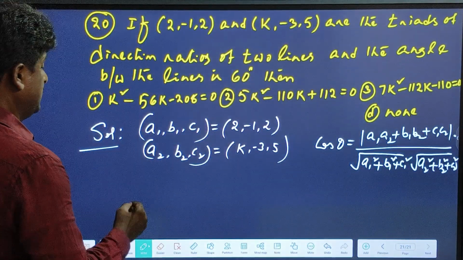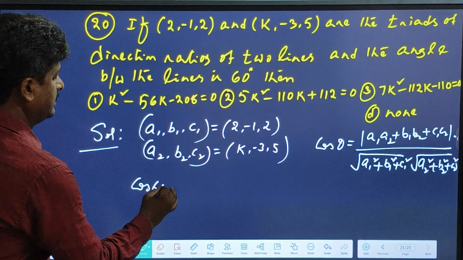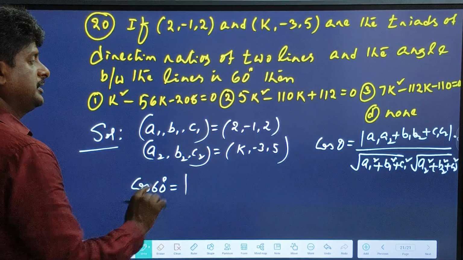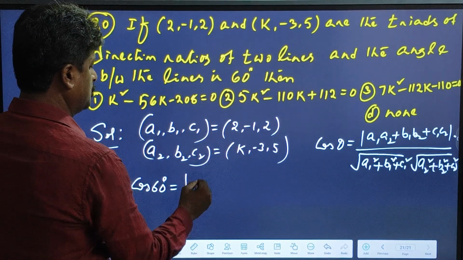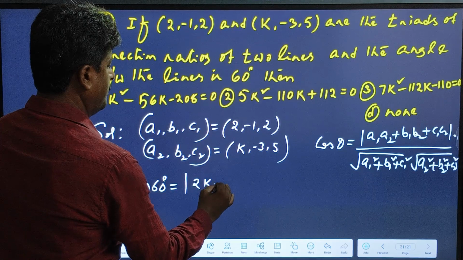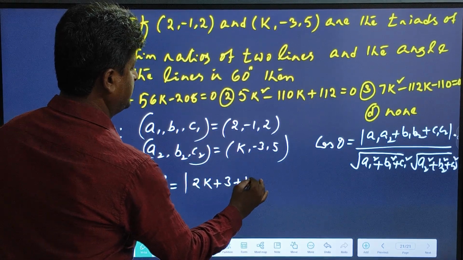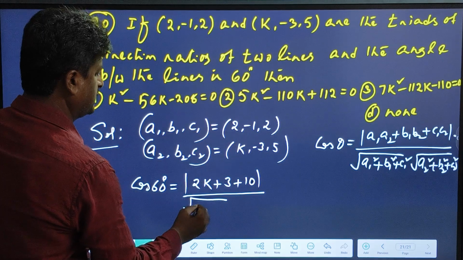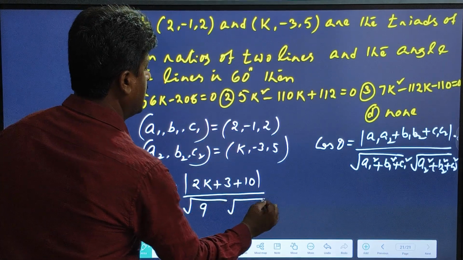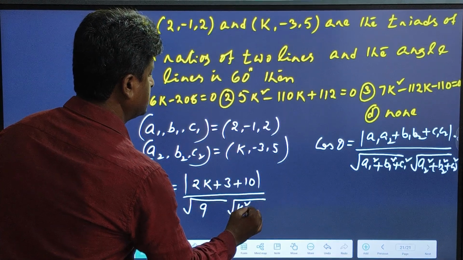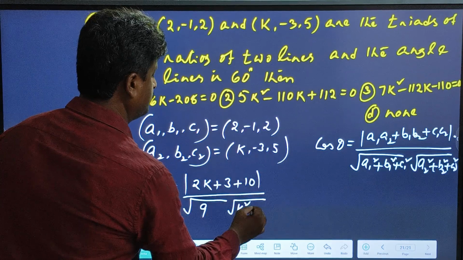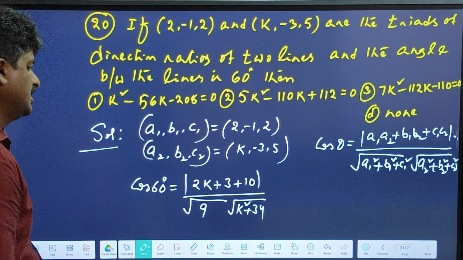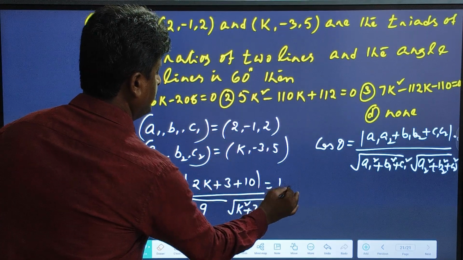So here the angle is 60 degrees: modulus (2k plus 3 plus 10) by under root (4 plus 1 plus 4, which is 9) times under root (k square plus 9 plus 25, which is k square plus 34). So cos 60 is 1 by 2.